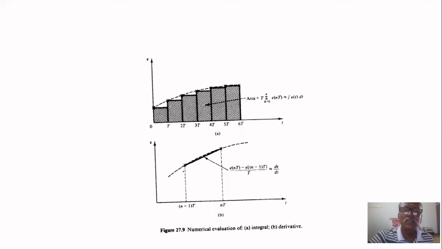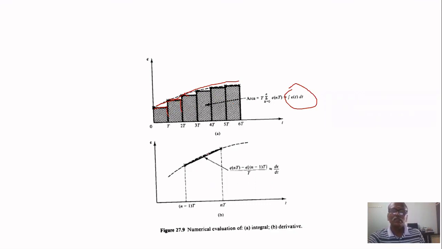This is the signal. If you integrate, you will get the integral of error. This is the error waveform. If it is a sampled signal, you will get error like this. All the areas under the triangles are added together, then you will get the area under the graph, nothing but integration, an approximate value of integration.